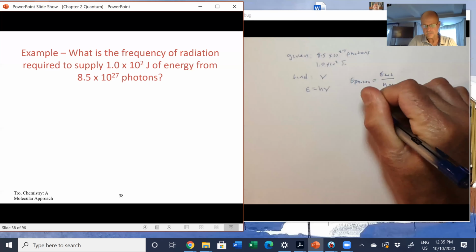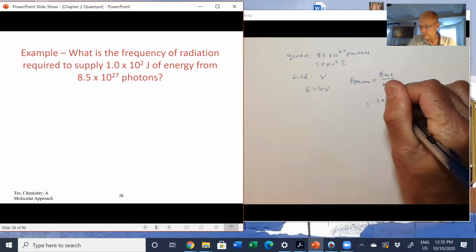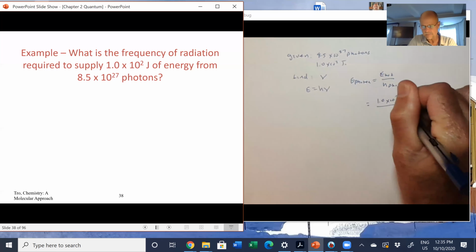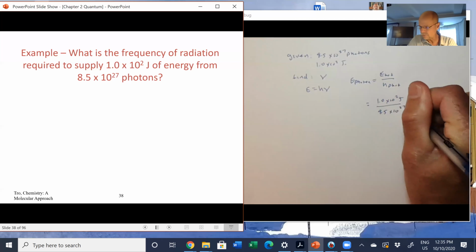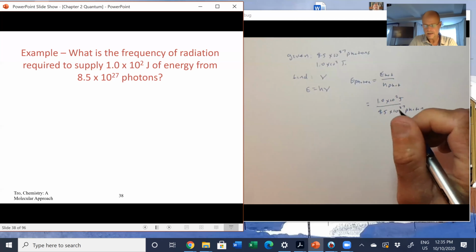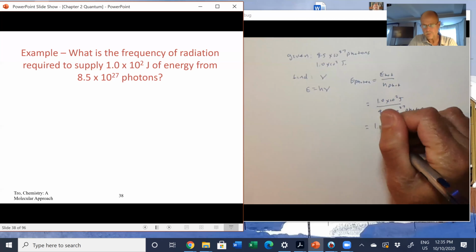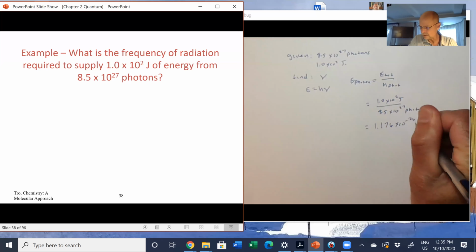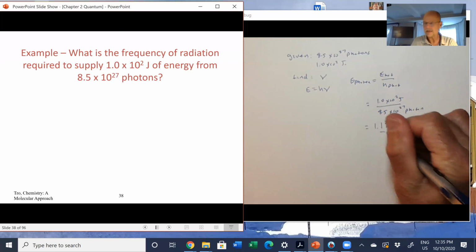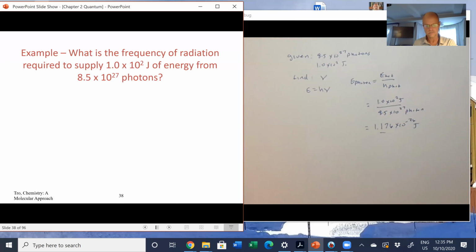And that's going to be equal to 1.0 times 10 to the 2 joules divided by 8.5 times 10 to the 27 photons, and that comes out to be equal to 1.176 times 10 to the minus 26 joules. And that's the energy of a single photon, okay?